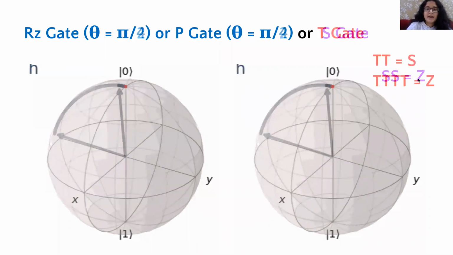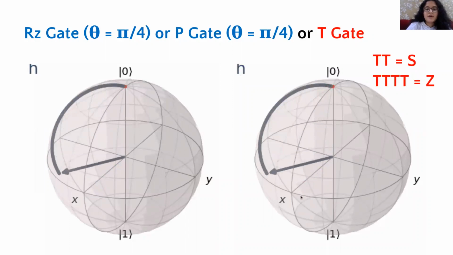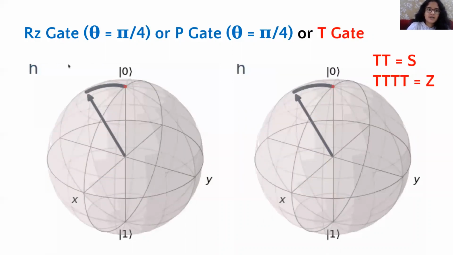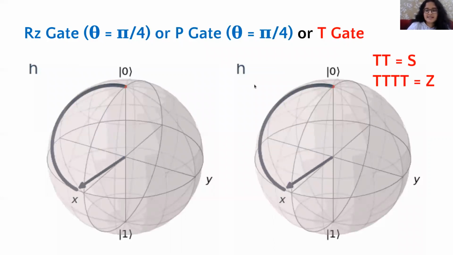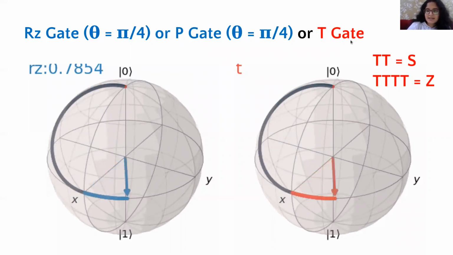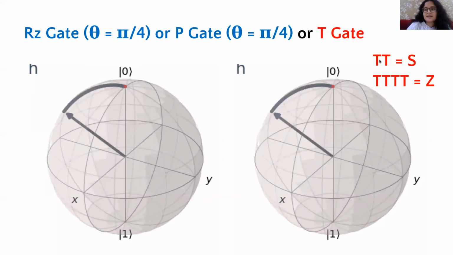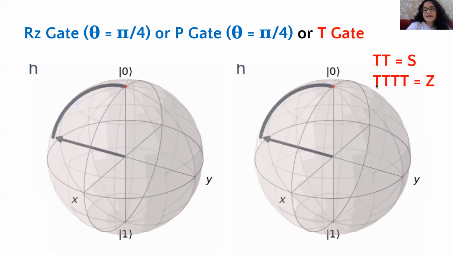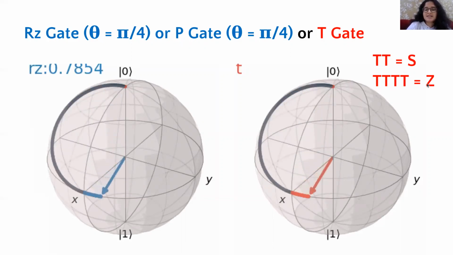Now if we take pi by 4, then we get a 45 degree rotation about the Z axis, both by using the RZ gate and the T gate itself. It's a special gate known as the T gate, and applying the T gate twice gives us a 90 degree rotation or the S gate equivalent, and applying the T gate 4 times gives us the Z gate.